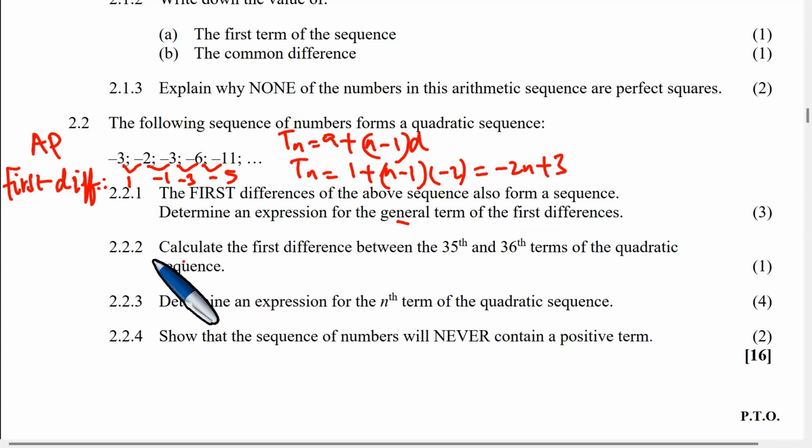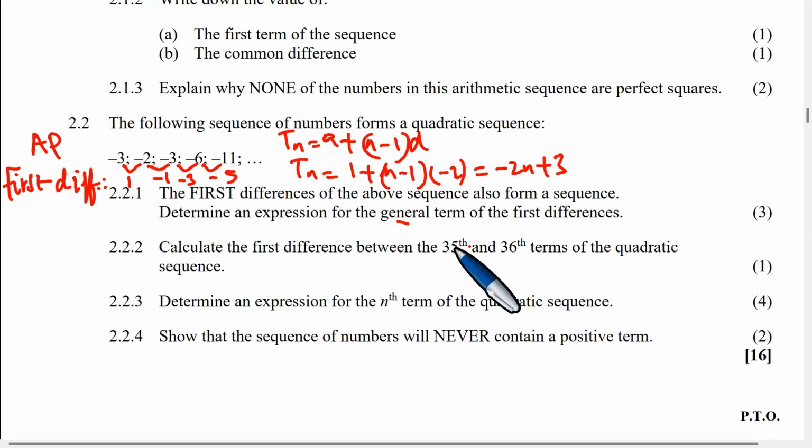In 2.2.2, calculate the first difference between the 35th and 36th terms of the quadratic sequence. So what is the answer to this one? This is both grade 11 and matric work, so you must be able to spot the pattern here.